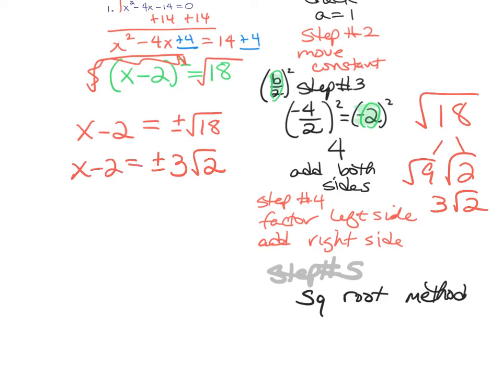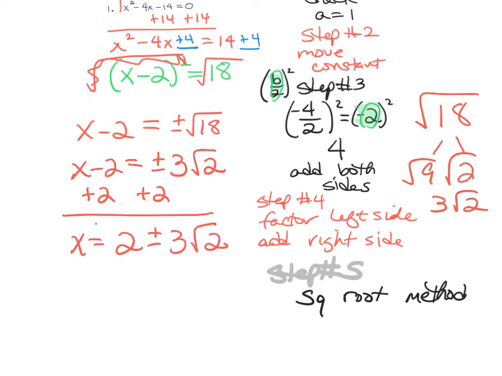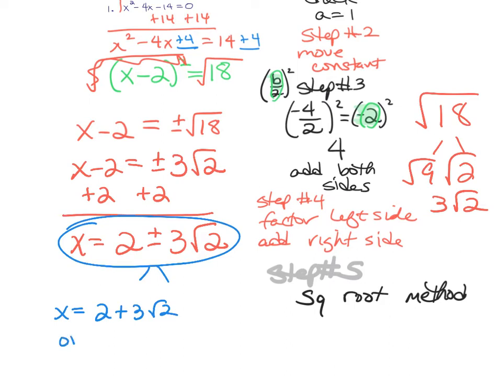My goal was to isolate x, so I add the 2, and x is equal to 2 plus or minus 3 square root of 2. And you're done. Now again, on a standardized test, they may pull them apart and say that x equals 2 plus 3 square root 2 or 2 minus 3 square root of 2, because these are your intercepts.